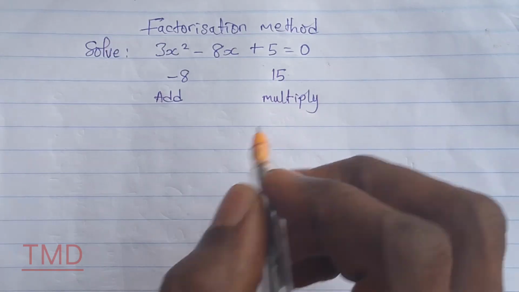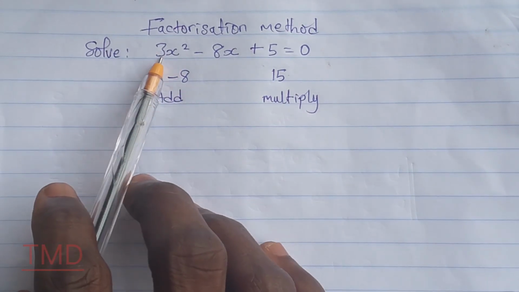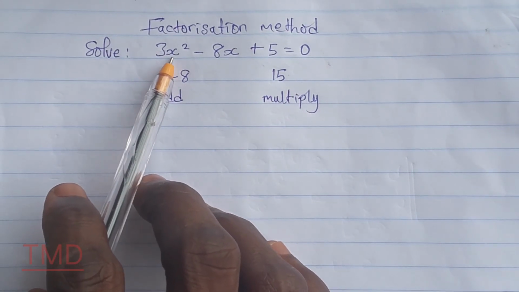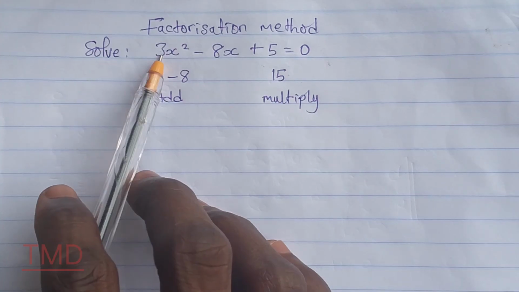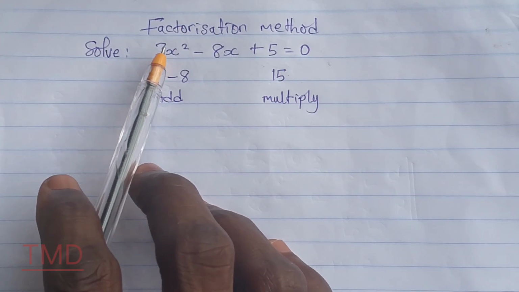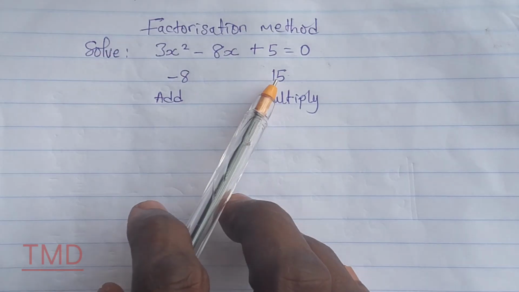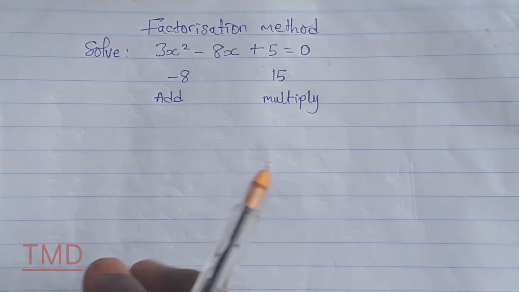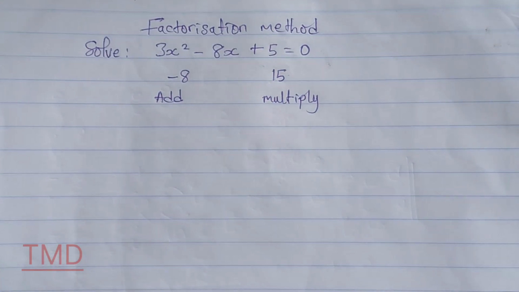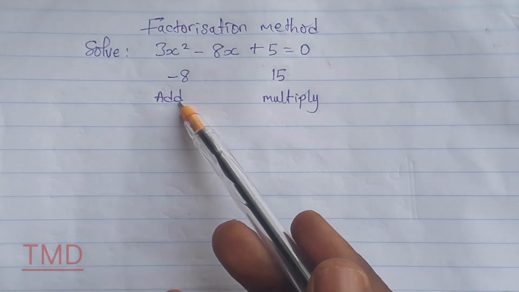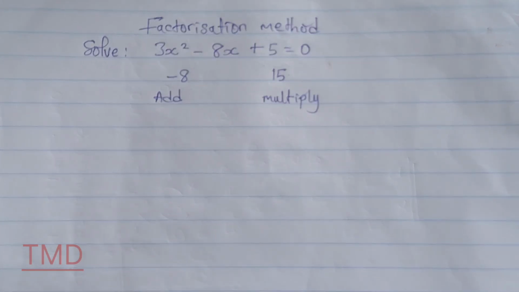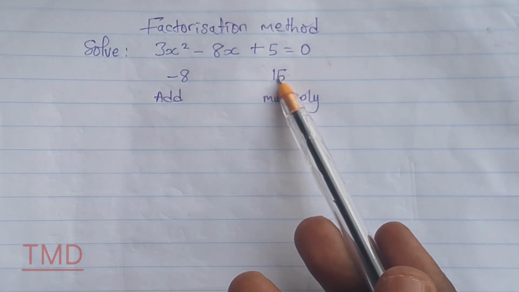Remember, if the coefficient of x squared is not 1, you have to multiply the coefficient of x squared, which in this question is 3, with the constant, which is 5, to get this 15. So we are looking for two factors that sum up to give us minus 8 and multiply to give us positive 15.